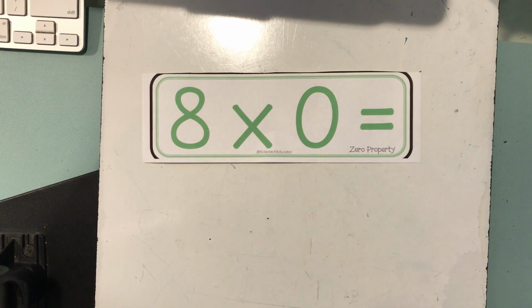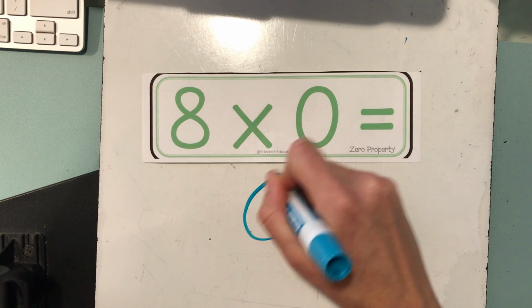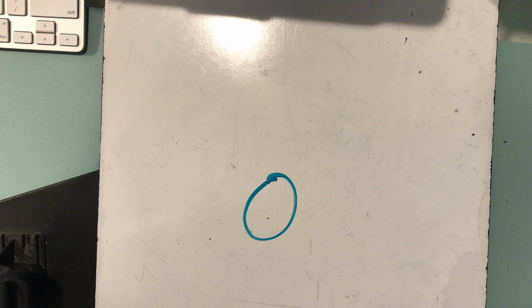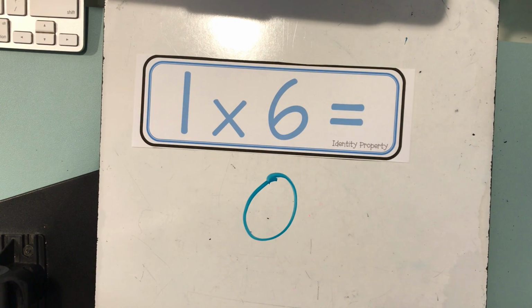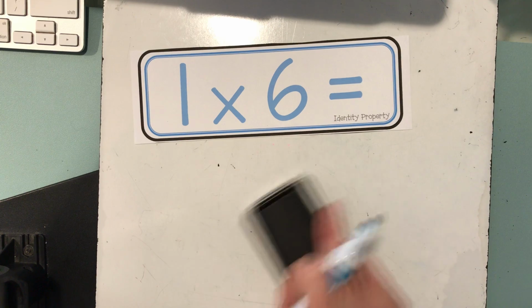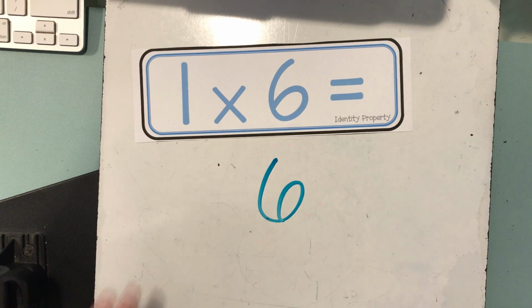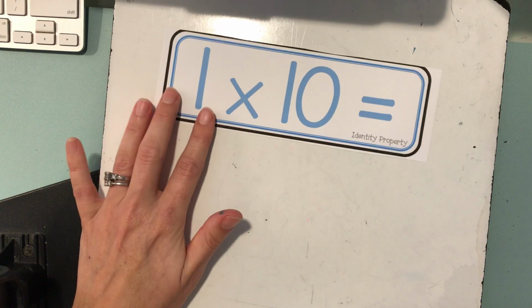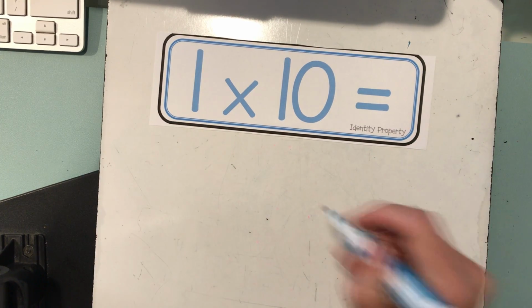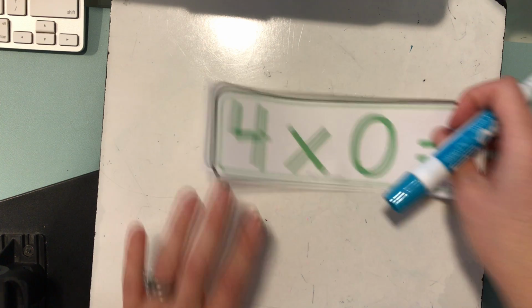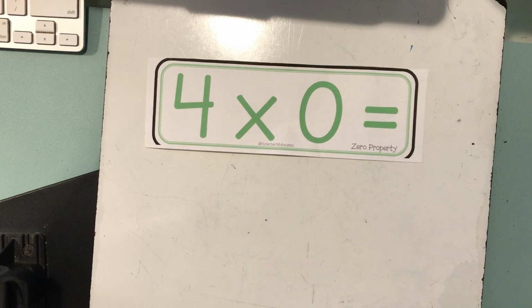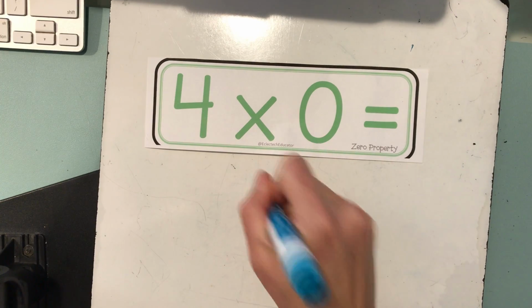8 times 0 is 0. 1 times 6. 6 is the answer. 1 times 10 equals 10. 4 times 0 equals 0.